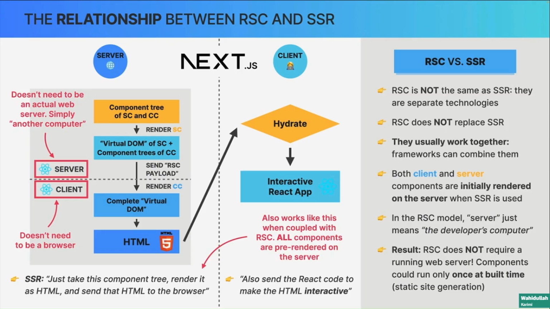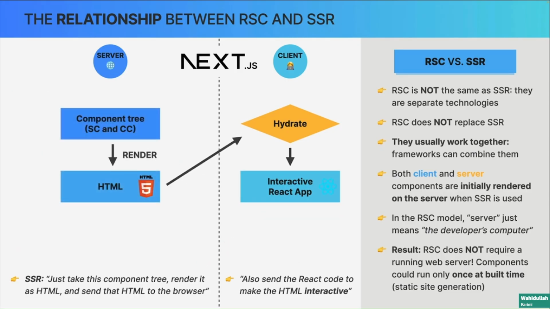Okay, and with all that knowledge, we can abstract this idea of React Server and React Client away now and just end up with a diagram that's very similar to what we had initially. It's simply the entire component tree being rendered to HTML and shipped off to the browser. Now, after the HTML has been sent, the React bundle also needs to be sent, just like we saw before.